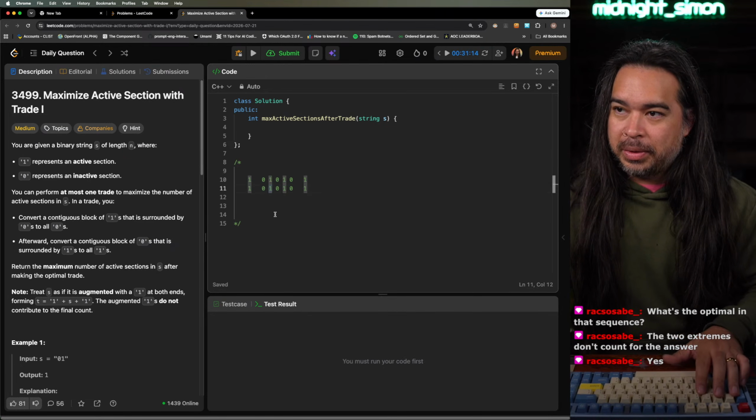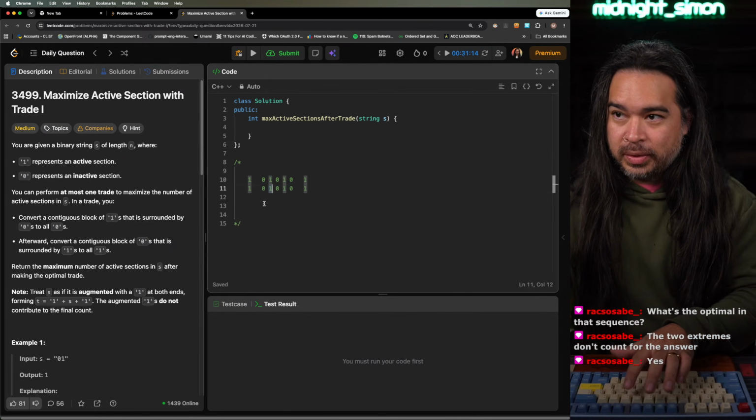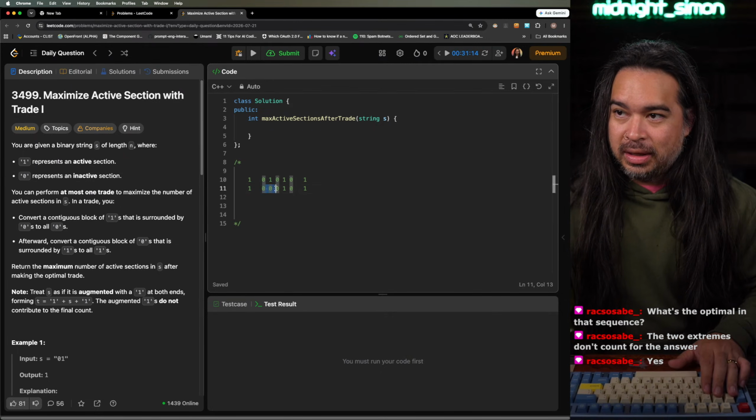So let me do that one more time. So I transform the 1 to a 0. And then I hit this row of 3 right here.